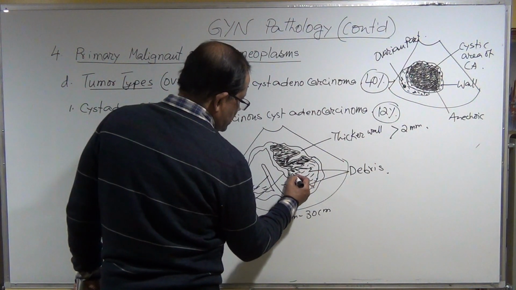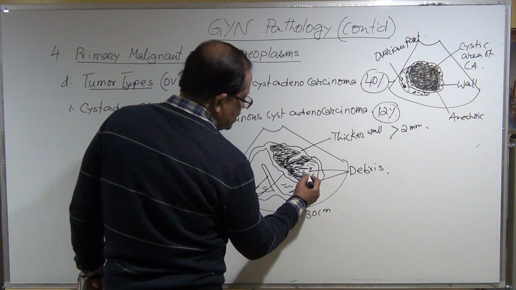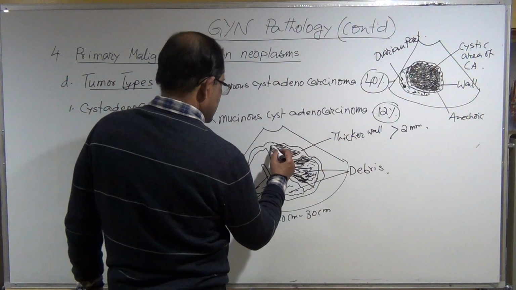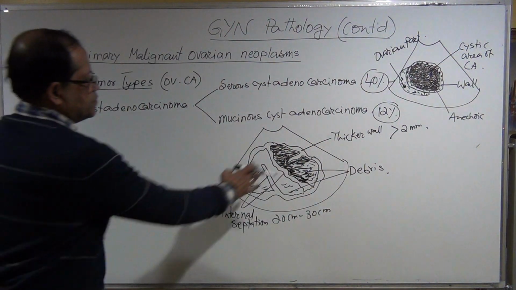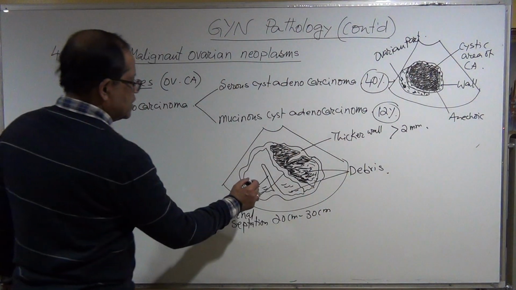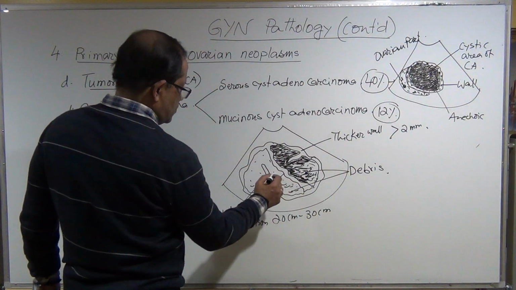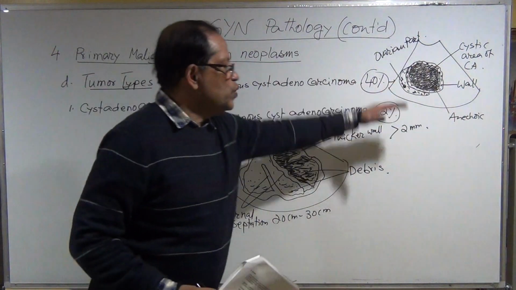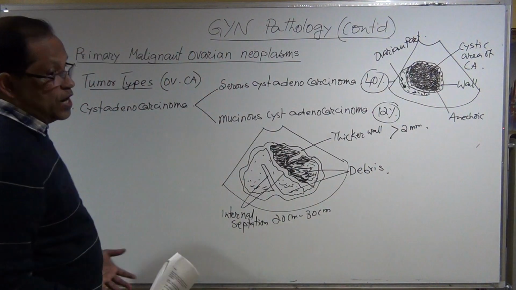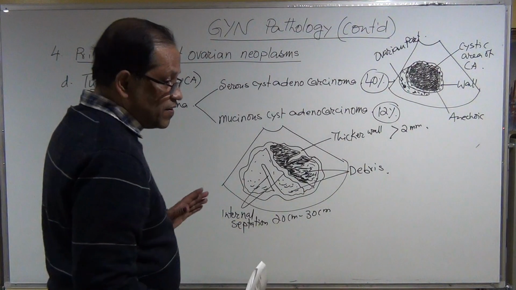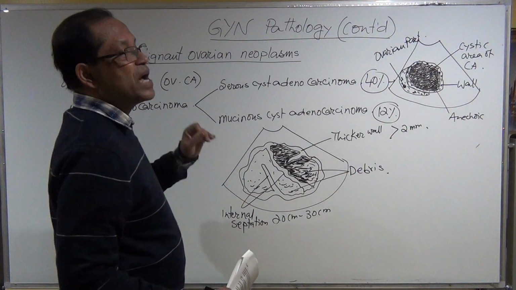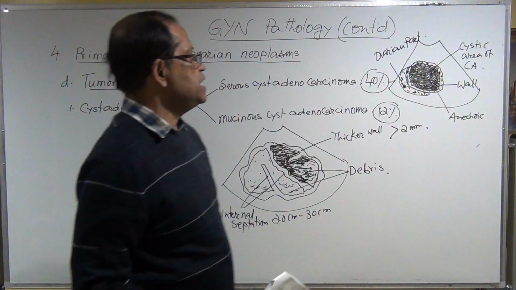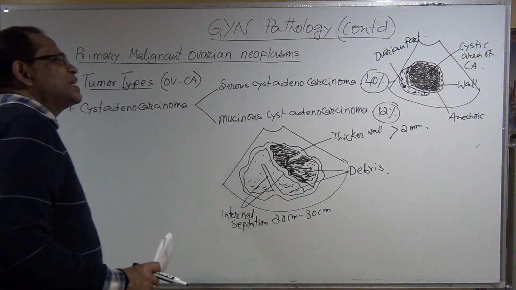Okay, I'm just drawing a little with anechoic, okay, like that, and it's filled in with the fluid. Okay, so now how can we differentiate sonographically? But that is not confirmed. Confirmation is by biopsy. Sonographically, we need to measure, we need to see if it is uniloculated or multiloculated.